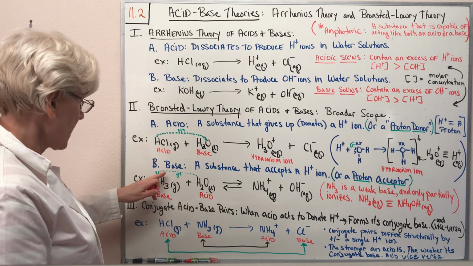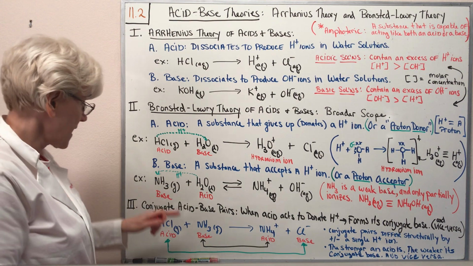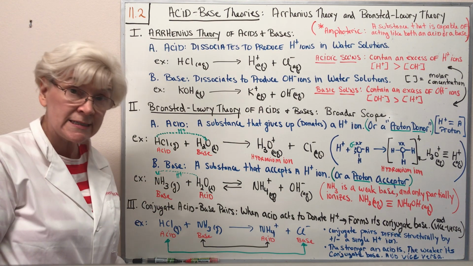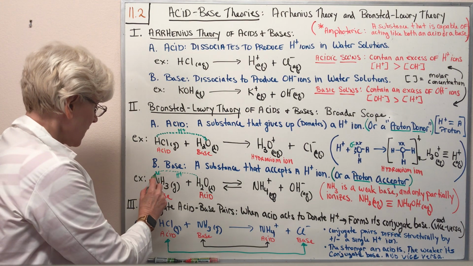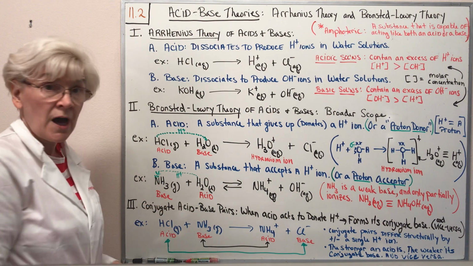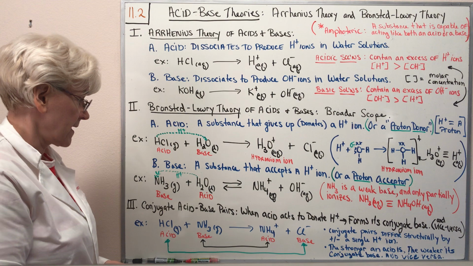So the hydrogen ion is given up by water, which acts as the Bronsted acid, and ammonia accepts the hydrogen ion, specifically that lone electron pair on nitrogen is the attractor for the hydrogen ion.